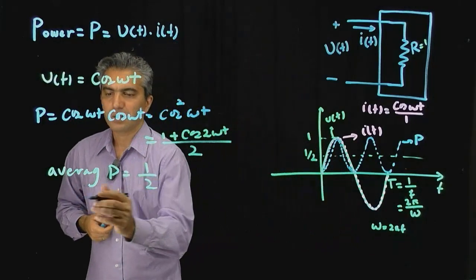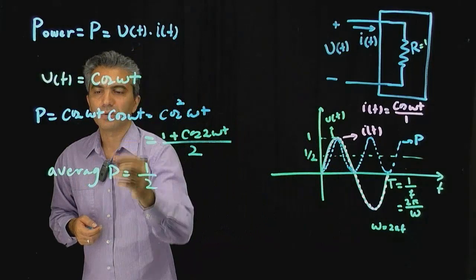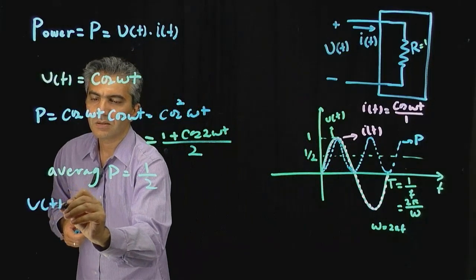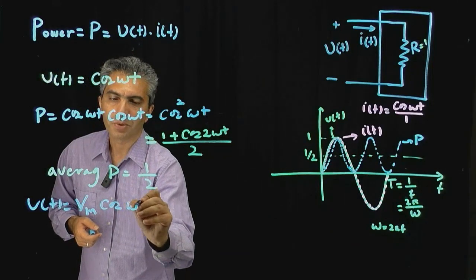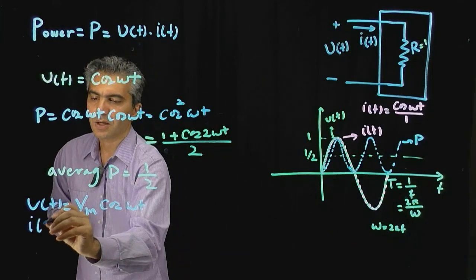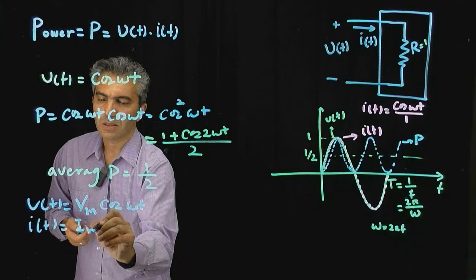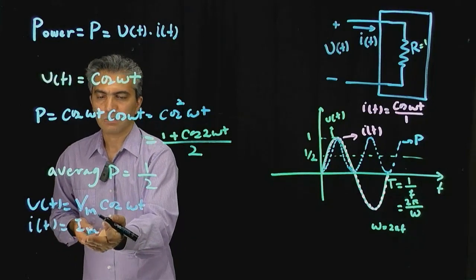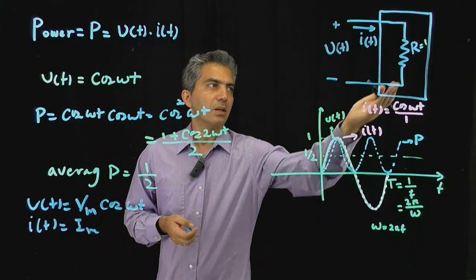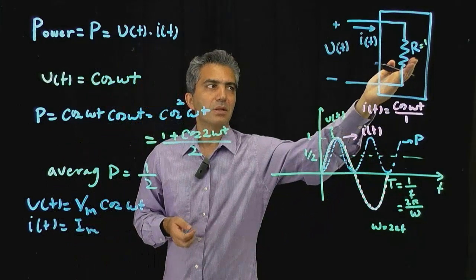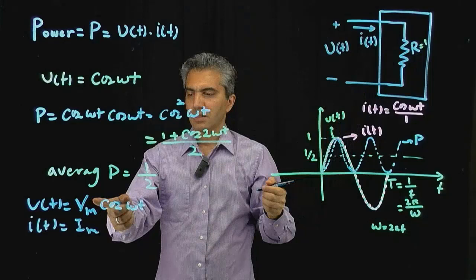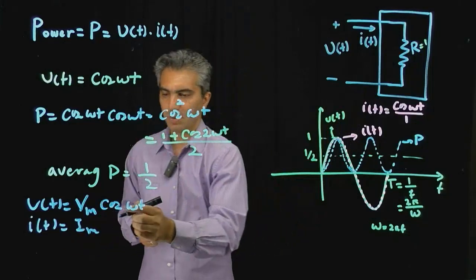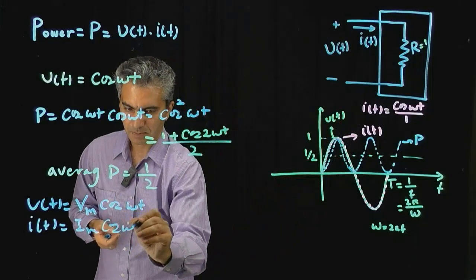So generally speaking, if V(t) is an amplitude times cosine omega t, then the current I(t) becomes a certain amplitude, and this doesn't have to be the same. In this example that we did, for simplicity, we assume that the resistor is 1 ohm, and in that case Vm and Im became the same, but that's not necessarily the case.